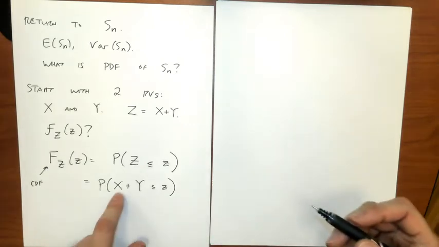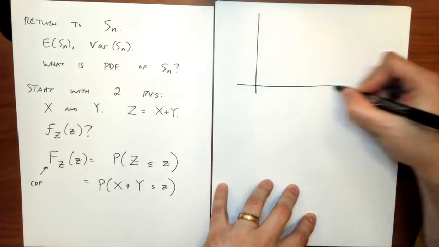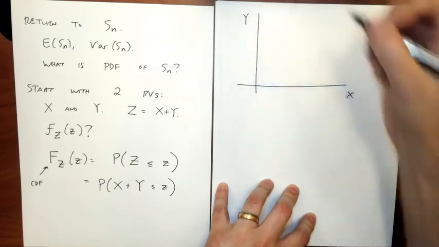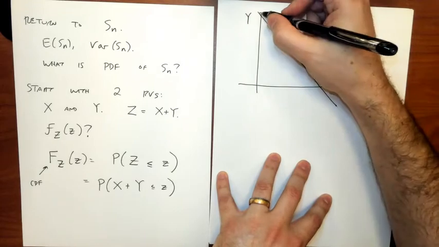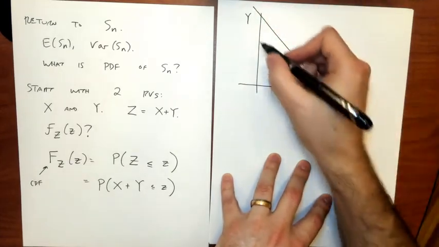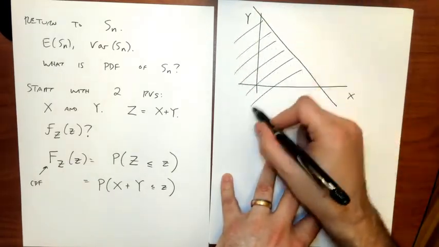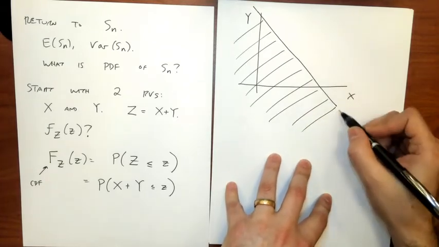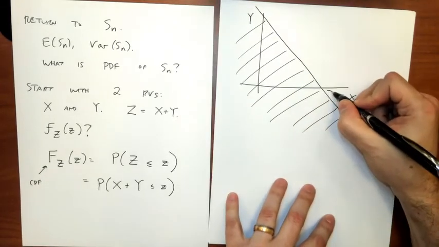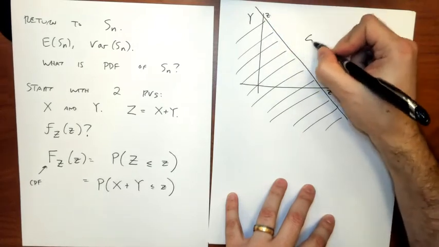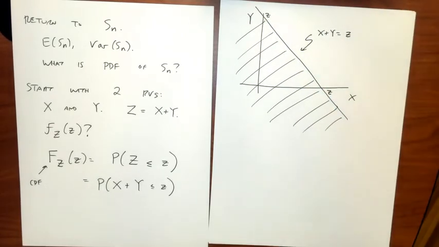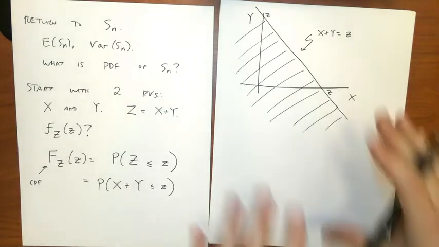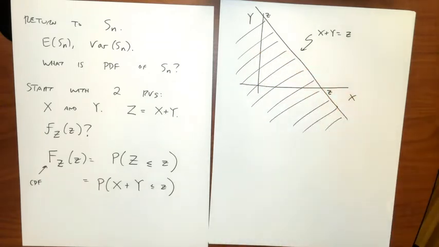That's like saying I have x, I have y, and I want to know what is the probability that x plus y is less than z, right? That's this kind of region in the xy plane. This is z over here, and this line here is x plus y equals z. So I would have to integrate the joint PDF of x and y just over the stripy region, right?